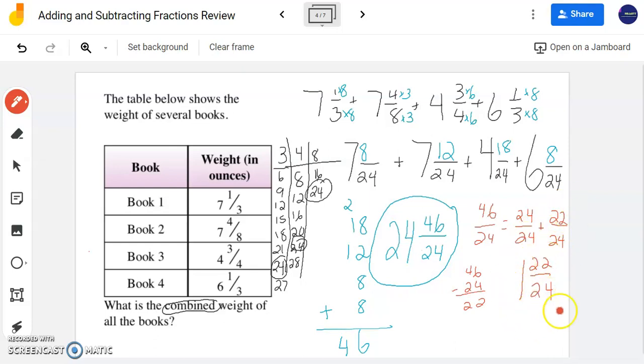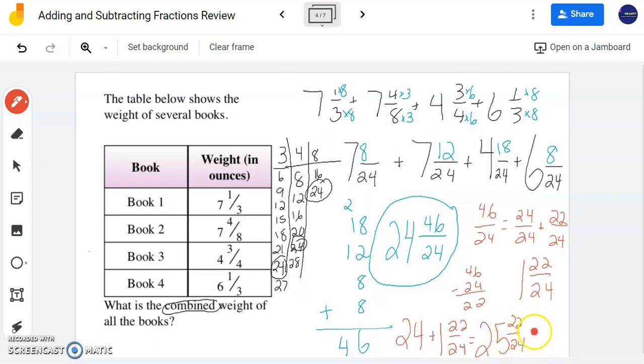So now this looks like a mixed number. Notice I converted this improper fraction to a mixed number. So now my final step here is I can simply add these two together, giving me 25 22/24ths. Now, again, 22/24ths, that's a big numerator and denominator.